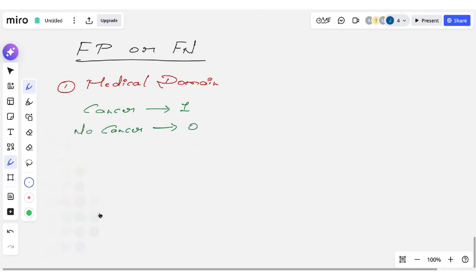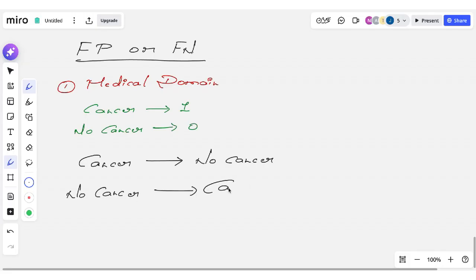In this scenario, if someone has cancer and the doctor says yes, you have cancer, correct prediction. If the doctor says no cancer and there is none, all good. Let's say somebody has cancer and the doctor says no cancer, and somebody doesn't have cancer but the doctor says you have cancer. Which case is more dangerous?